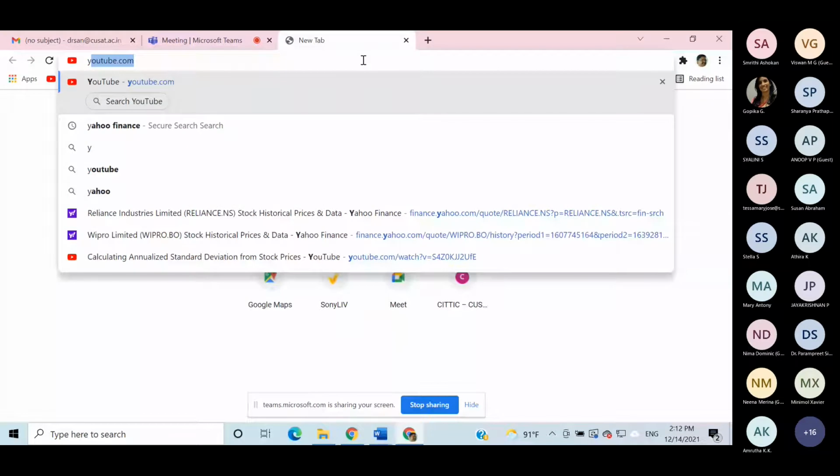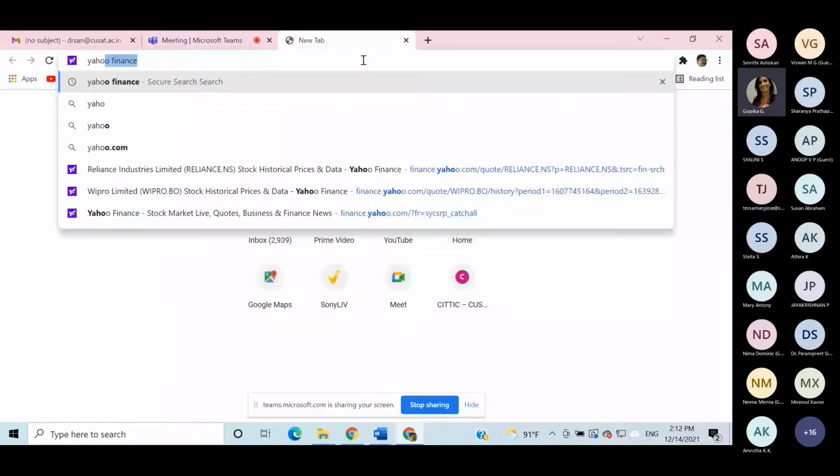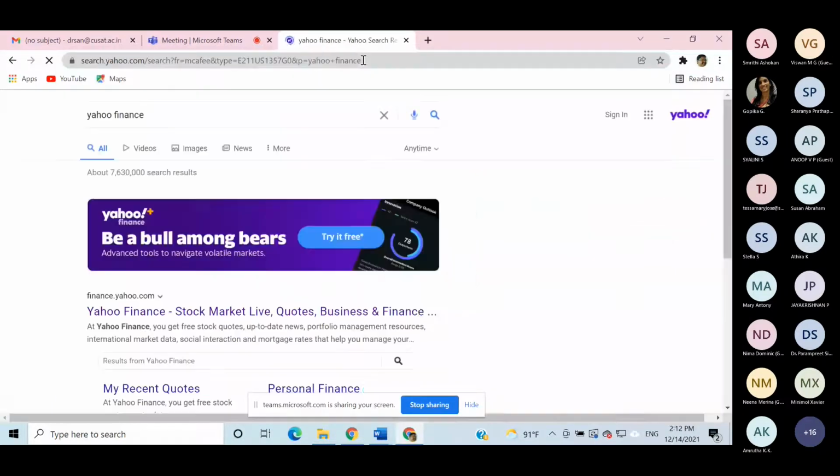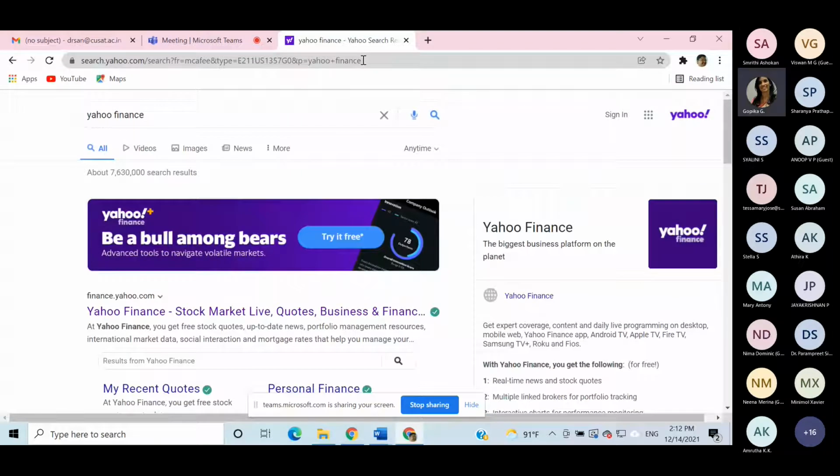We see a browser. So what did I type there? Yahoo Finance. You can also do that.